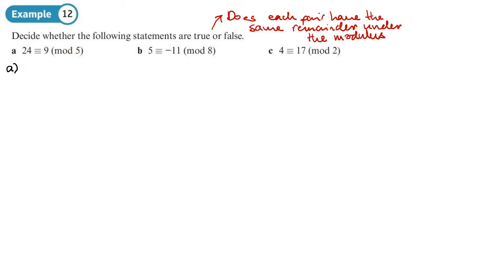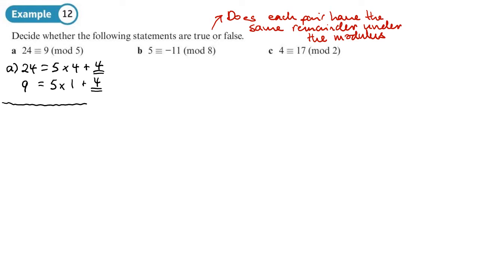So 24: what's the remainder when we divide that by 5? This can be written as 5 times 4, which is 20, plus 4, so it has a remainder of 4. 9 can be written as 5 times 1 plus 4, also with a remainder of 4. So that shows that the statement is true.